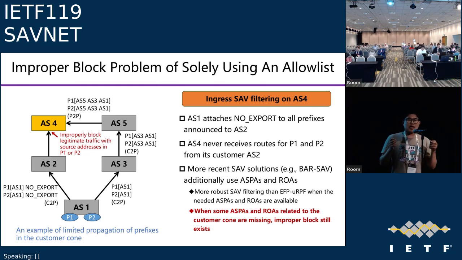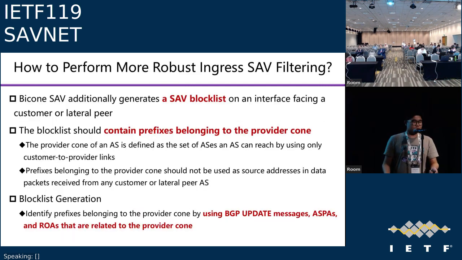However, when some ASPAs or ROAs related to the customer cone are missing, for example, in this figure, if AS1 doesn't have ASPA, existing solutions may still have improper blocks. So how to perform more robust ingress SAV filtering when some ASs don't have ASPAs or ROAs?